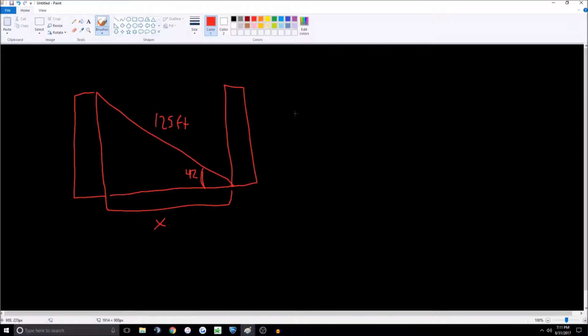The way we're going to solve this is really simple. Let me add that degree mark real quick. We're going to use the cosine of 42 degrees. Cosine is adjacent over hypotenuse, so it's x over 125.